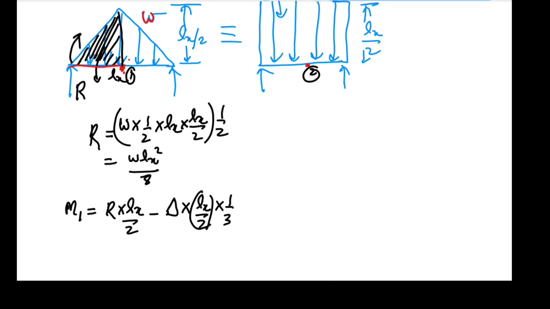So this is Lx by 2, CG is here, this is 1 by 3 of Lx by 2. Okay, so here it is acting like this. So that's what we are evaluating here.